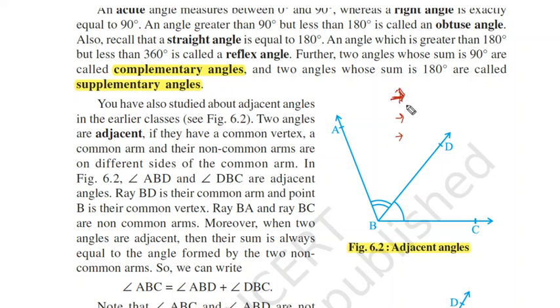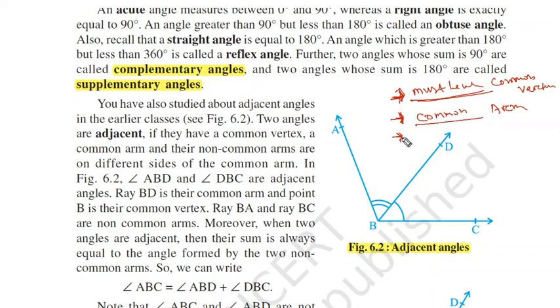So the first condition to be an adjacent angle is that two angles must have a common vertex. The next condition was that they must have a common arm.